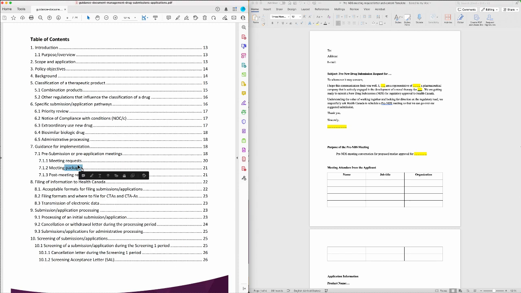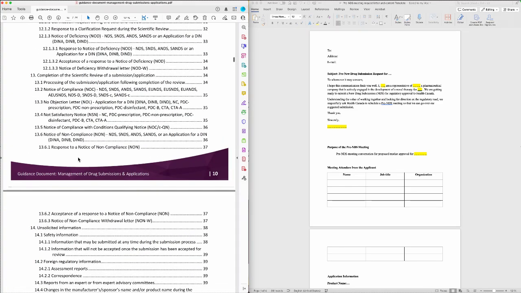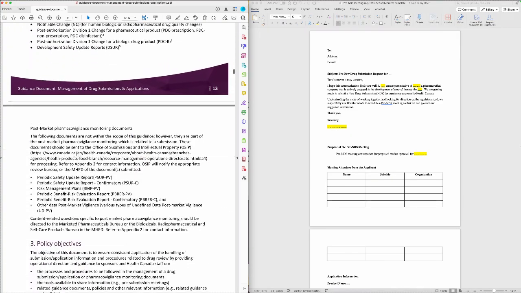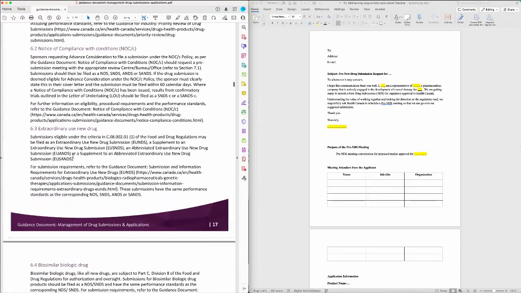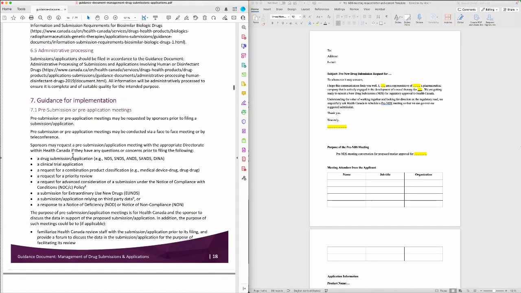So after review, we are going to have a time in order to meet with Health Canada scientific reviewers. So let's go to page 18, and we are going to continue reading the regulations and then looking into how we are going to prepare this submission package.